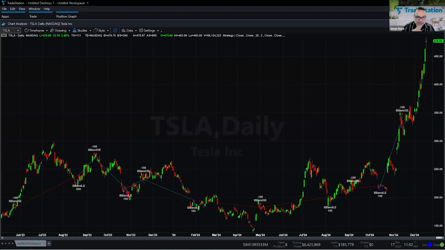So right here on the screen, and this is maybe something that you haven't seen on the TradeStation platform before, it's one of the tools that sets TradeStation apart from a lot of other trading platforms. It allows you to test trading ideas against historical data.